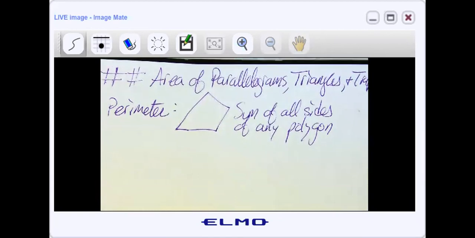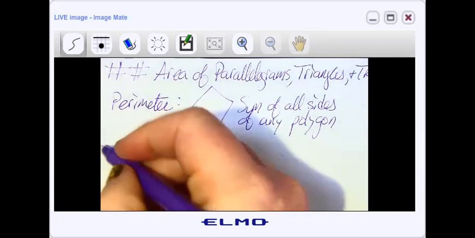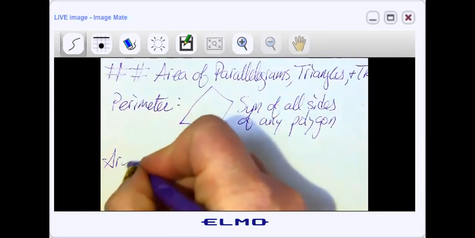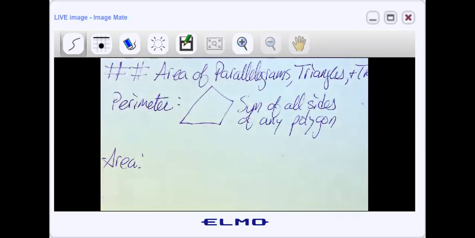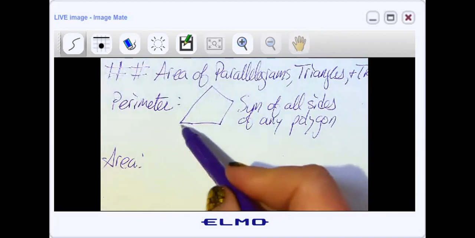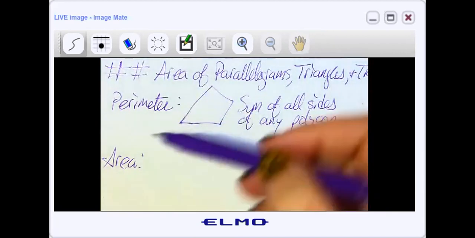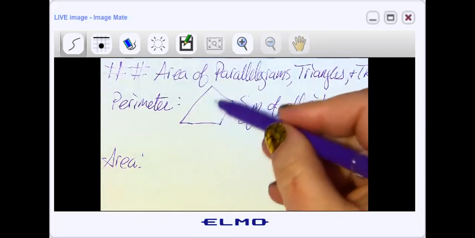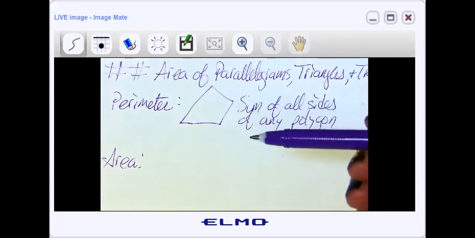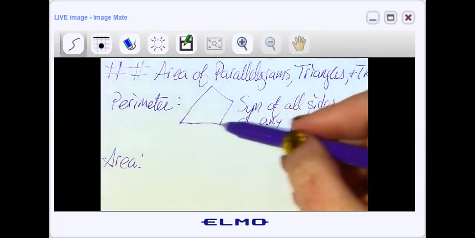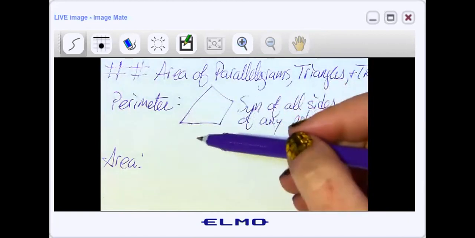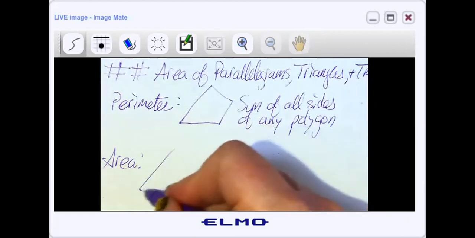Now area is different because area is all the space inside the shape. If this were a lawn, for example, and I was going to mow the lawn, you don't just mow the outer edge, right? That would be so convenient, but that's not how it works. You mow the whole thing. I would put up a fence around the perimeter, but when you mow the lawn, it's the whole area, or the whole inside.